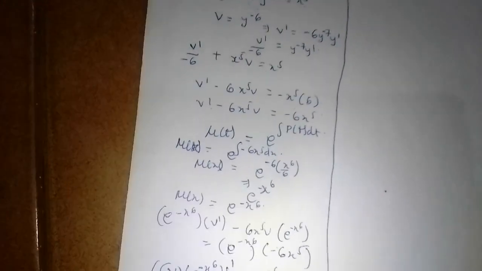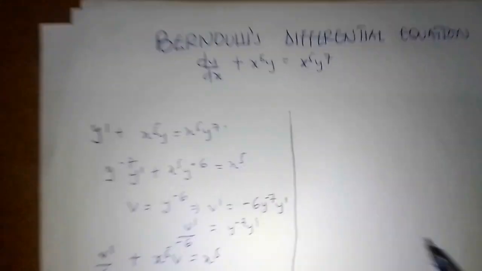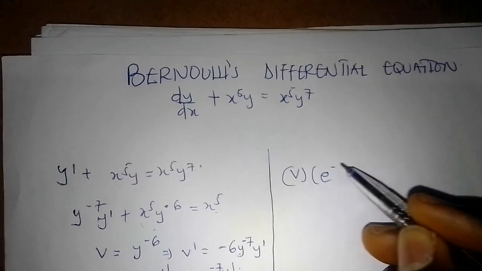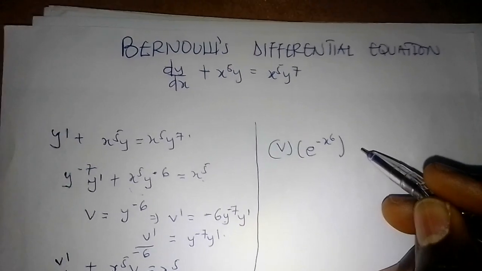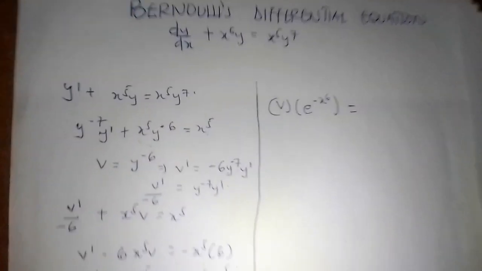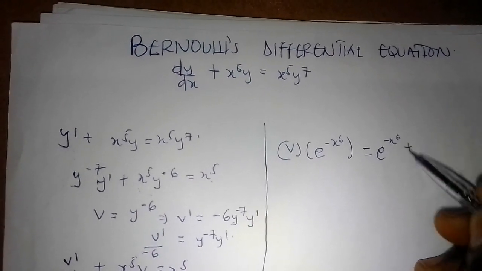So once we've got that, we will continue on this side. We have v multiplied by e to the power negative x to the power 6 as we had here, to be equal to the answer for the integration we did, which is e to the power negative x to the power 6 plus c.